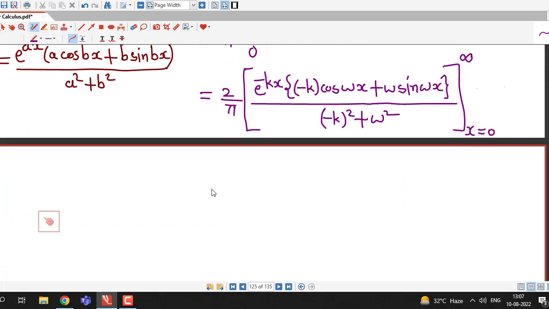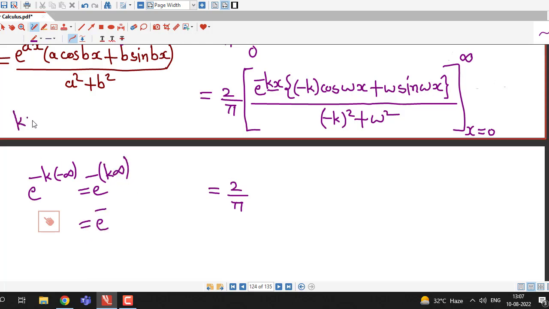So first we put x equal to infinity, and here we can see if we take x tending to infinity, we will have minus k into infinity, that is e raised to minus of k into infinity. Now k is given to be positive, therefore k into infinity is also positive, and k into infinity will be equal to infinity.